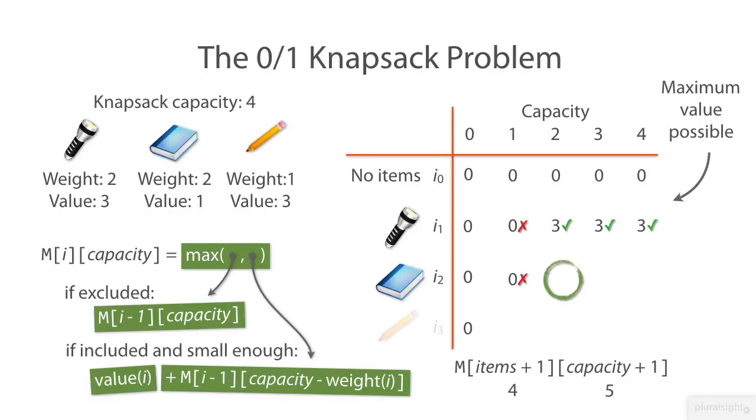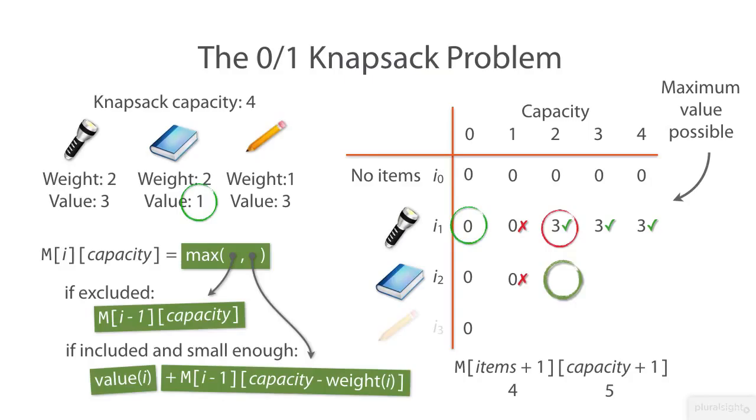In the next subproblem, the knapsack capacity is 2. As before, we have two options. Either we do not include the book, in which case the solution value can be seen in the row above, or we do include the book, in which case we get a value of 1 from the book itself, plus the value found in the subproblem where we subtract the book's weight from the knapsack capacity, because we have already used that capacity for the book.